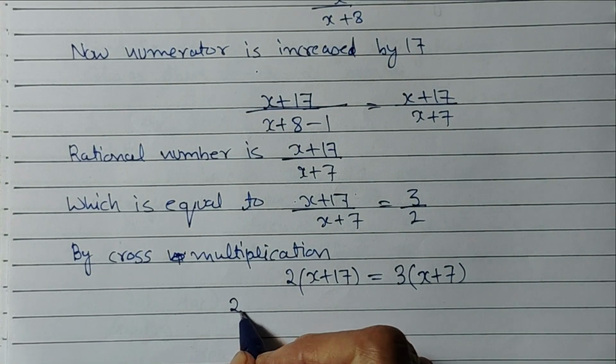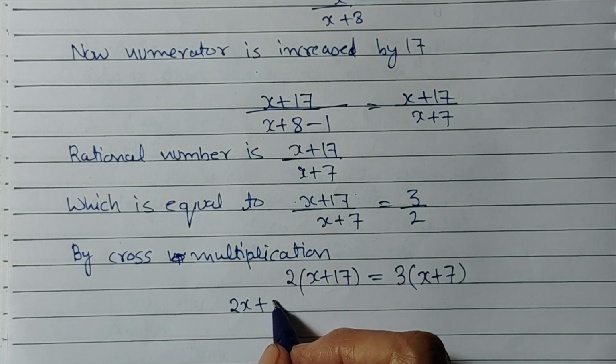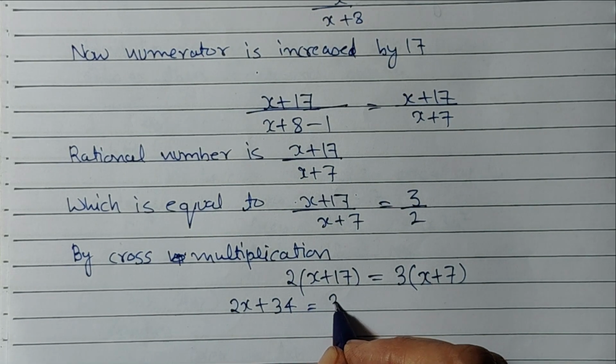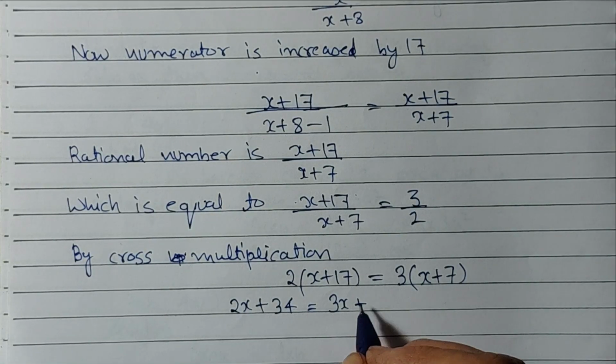It becomes 2x plus 34 equal to 3x plus 21.